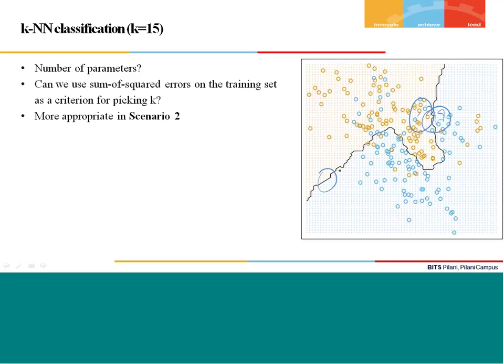Every time a point falls here, it is always classified as a blue point.